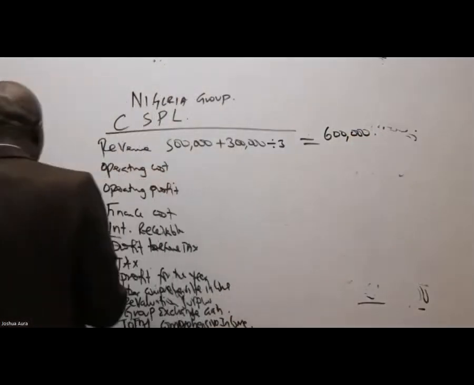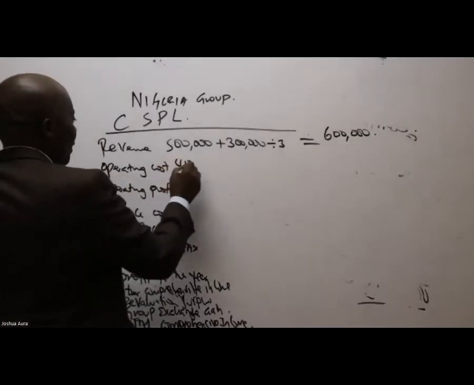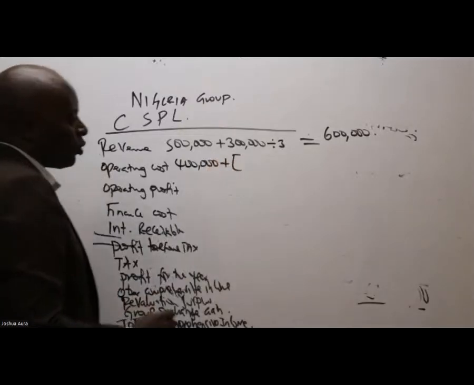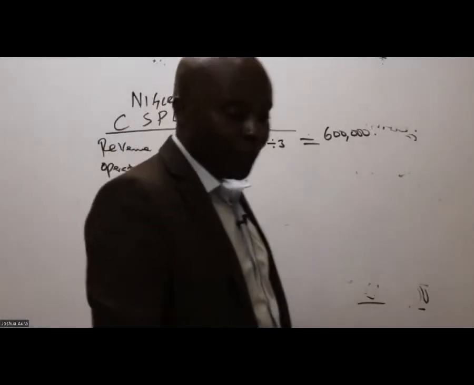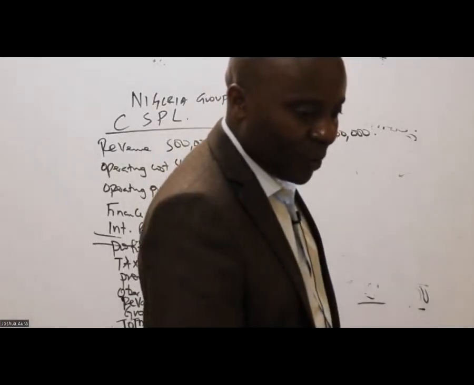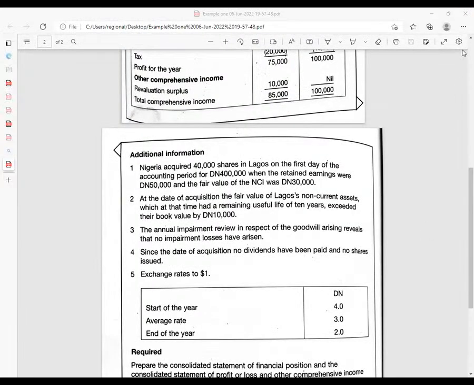So operating cost, what do I see there? Operating cost, I will take 400,000 plus operating cost of the subsidiary. Wamekupatia hapa.